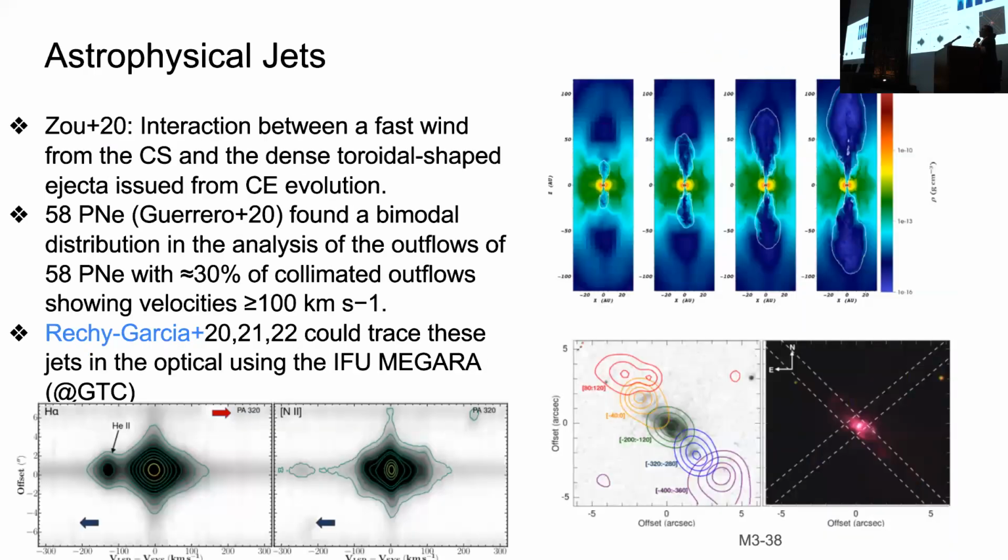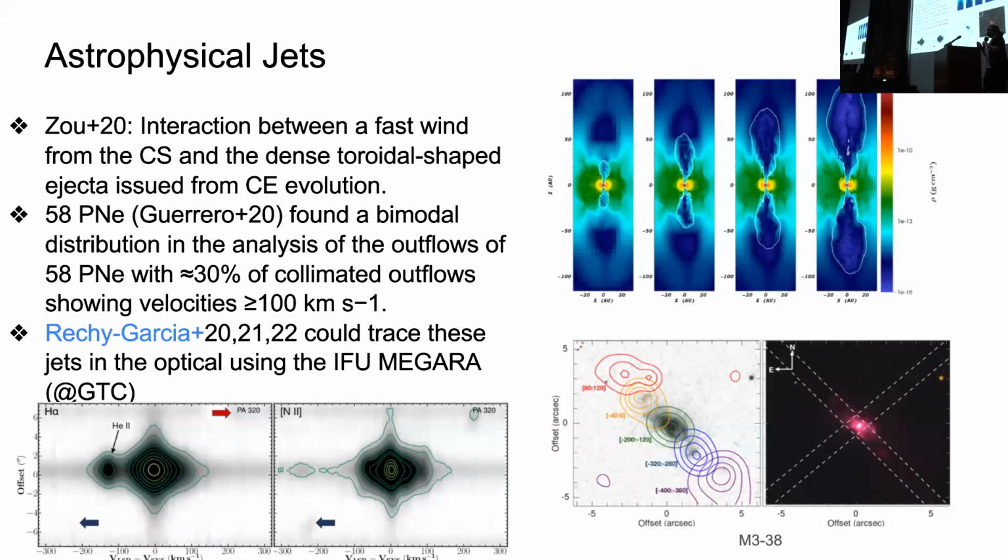So we were talking about jet launching. There's been plenty of modeling and observation about jets. Zhu et al. in 2020, so here you can see those are different models, but here what he did, he didn't include magnetic fields, he just included the interaction between fast winds.